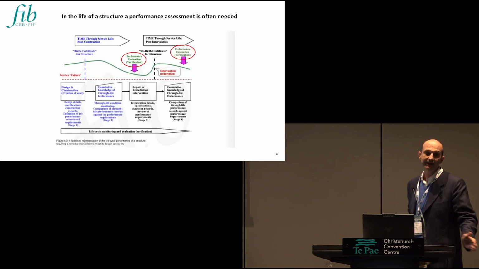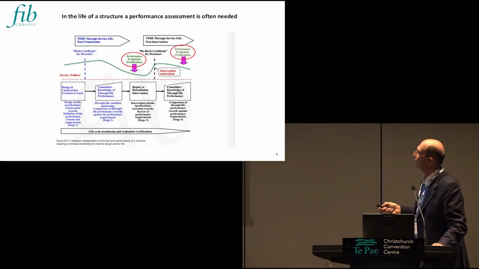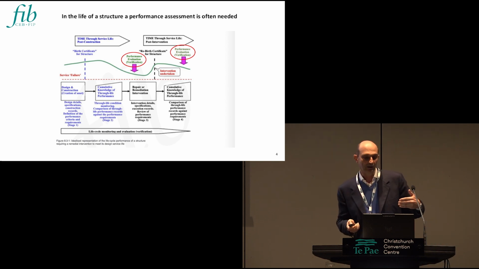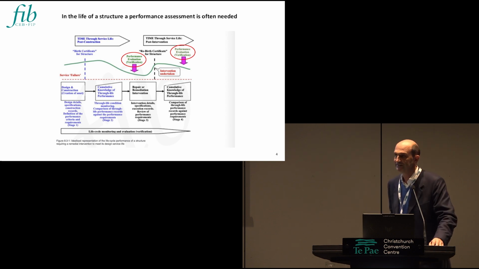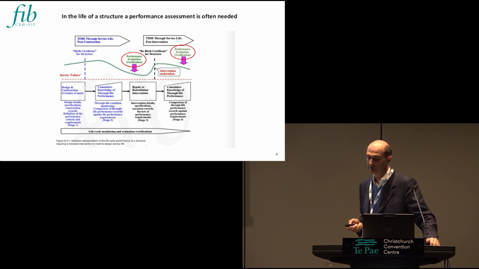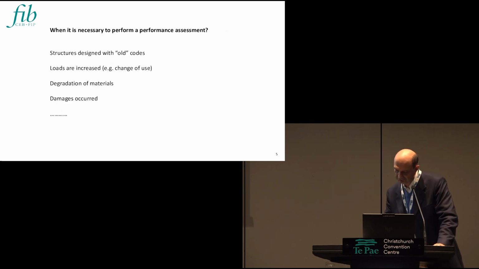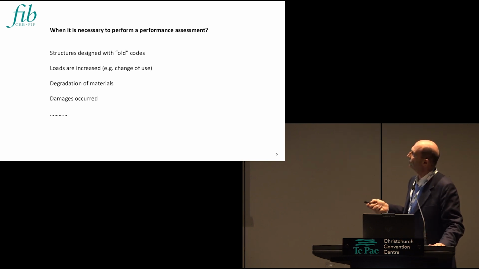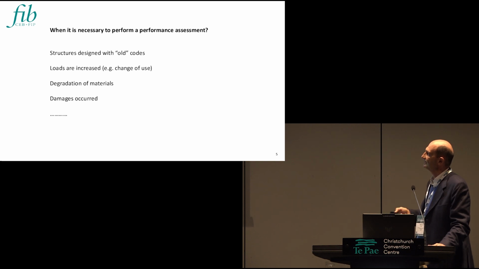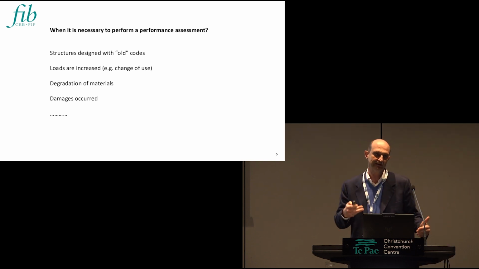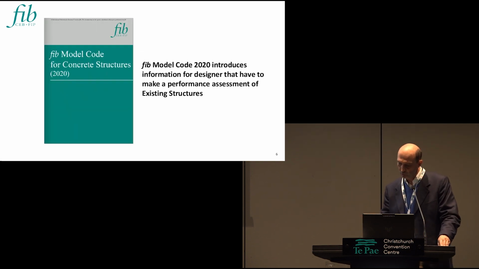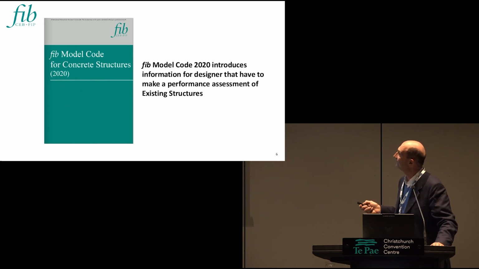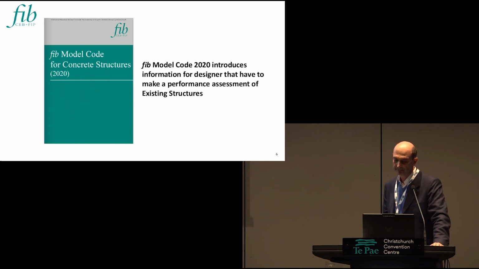And we know as designers that in the life of the structure, there is some point at which we have to make a performance evaluation, a performance assessment of the structure. There are a lot of reasons: the age of structures designed with old codes, loads that could increase, degradation of material, damage that occurred, and so on. So we have to approach a performance assessment of the structure, and in the model code we have that information.